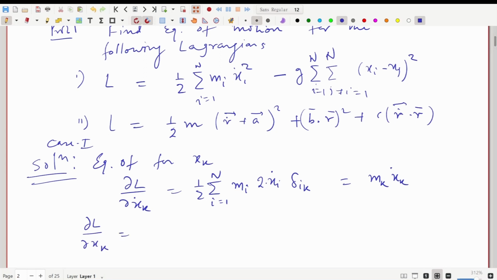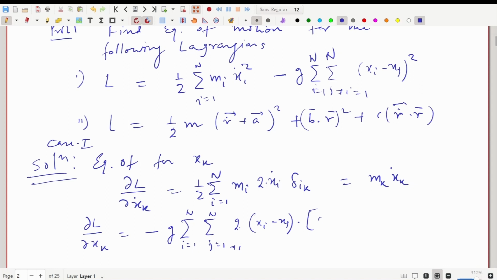Okay. So, first term is independent of x_k, no x dependence. So, second term will be minus g, then let us keep the sum i equal to 1 to n, j equal to also 1 to n, i not equal to j, this condition is also there. Then if I differentiate (x_i minus x_j) whole square, it will give me 2 (x_i minus x_j) times the differentiation of this quantity.